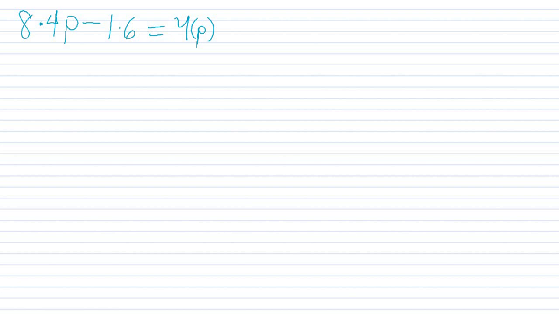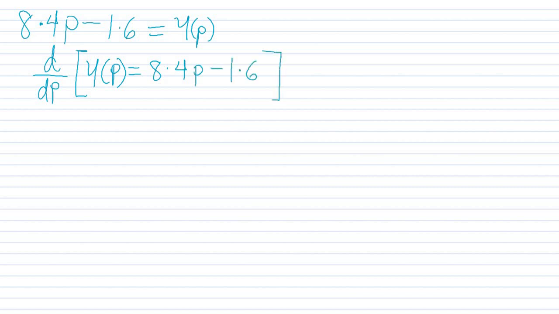So now we're asked to differentiate this function. It's the same thing as saying d/dp of y of p equals d/dp of 8.4 p minus 1.6. So the goal is to differentiate this entire function, 8.4 p minus 1.6, with respect to p. That's what we're supposed to do.